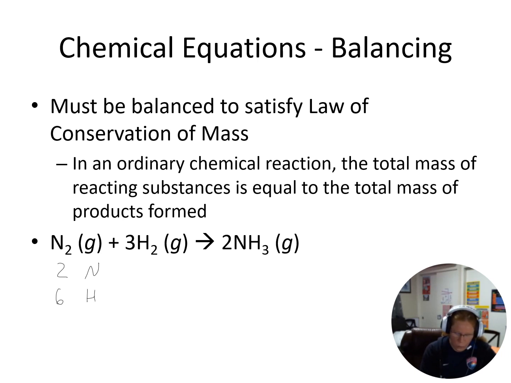Now, on the other side, I have 2 NH3, meaning I have formed 2 ammonia molecules. There's only 1 nitrogen, with no subscript, so an implied 1. So 2 times 1 gives me 2 nitrogen. And with the 3 subscript on the hydrogen, 2 times 3 gives me 6 again. So 2 nitrogen equals 2 nitrogen, and 6 hydrogen equals 6 hydrogen.